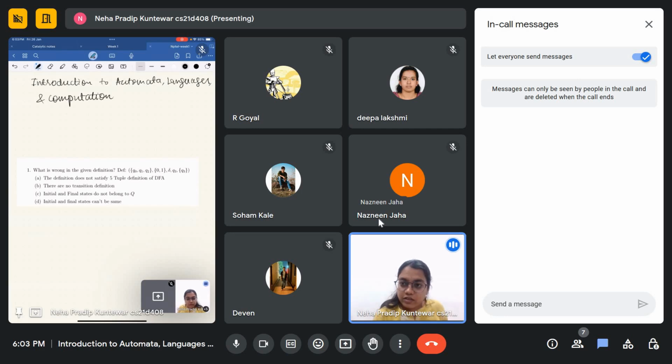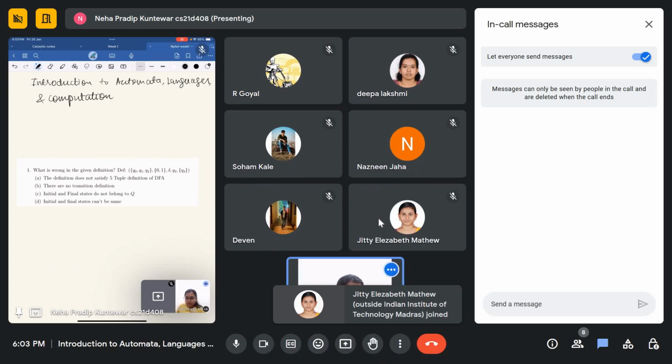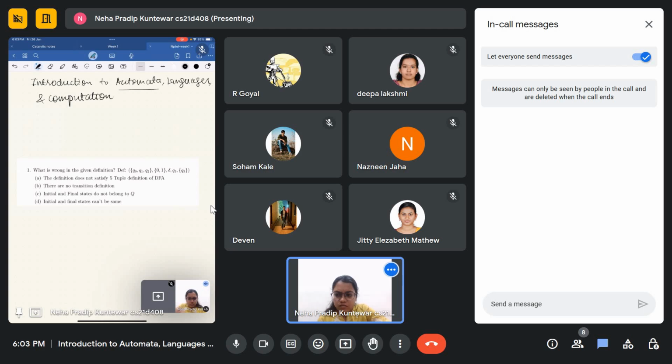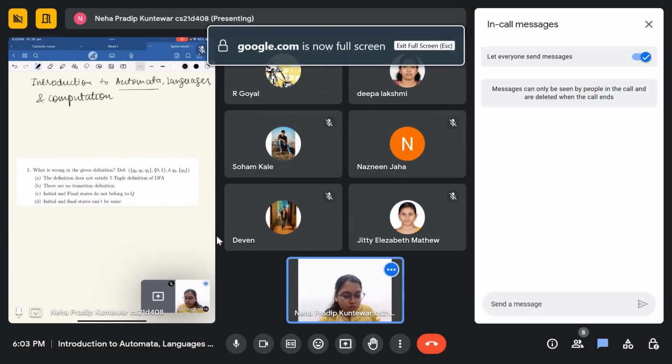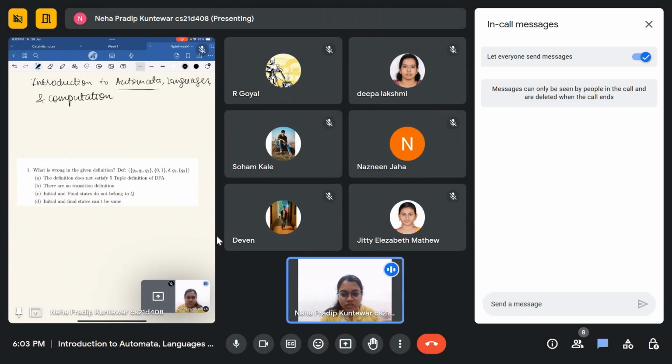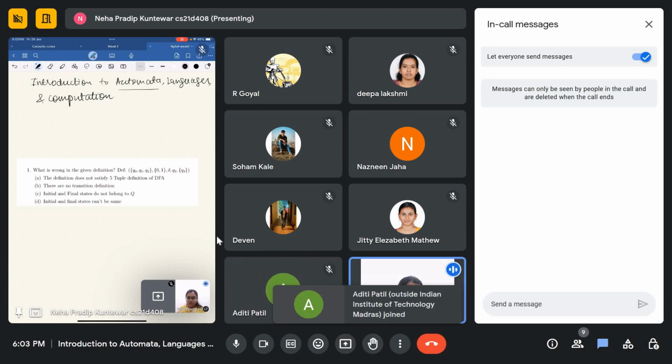So these automata are basically an abstraction of the machines that we have for computation in the real world.